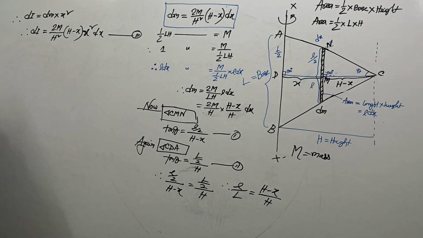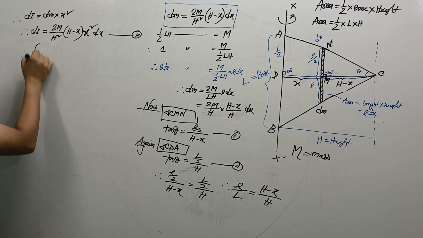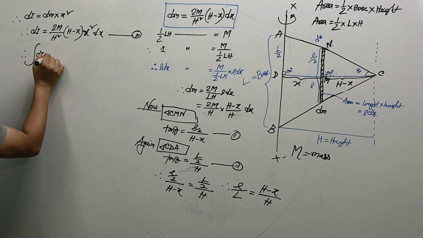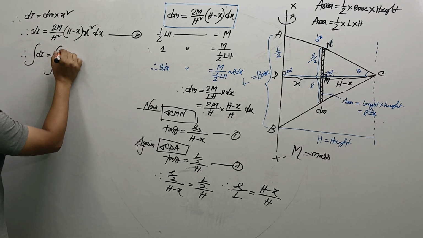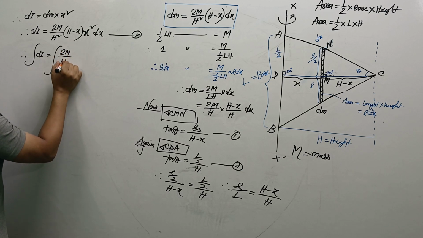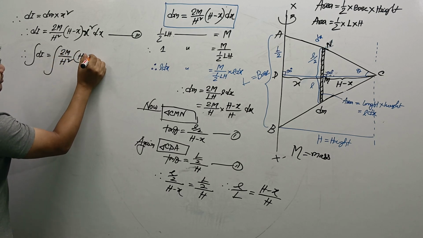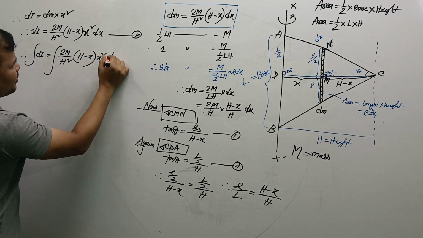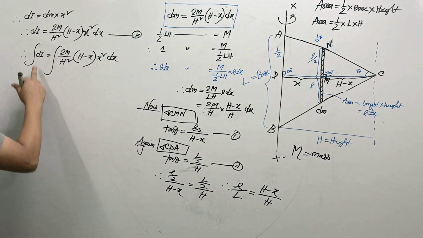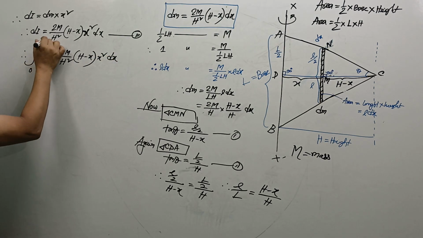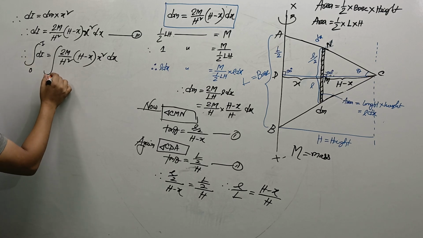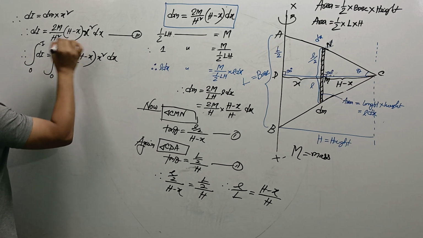Okay, so integrate dI is equal to 2m divided by h square, (h minus x) square dx. So our limits will be 0 to I and 0 to h.